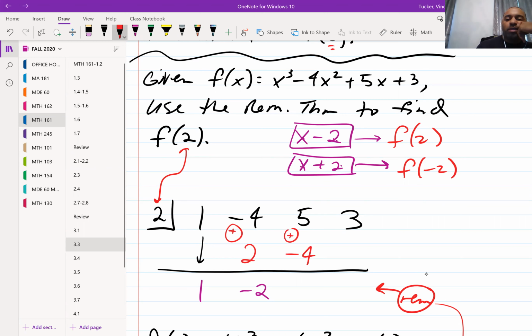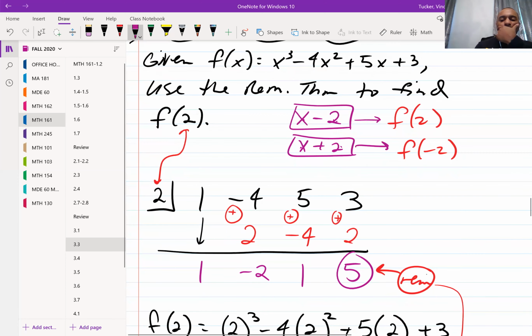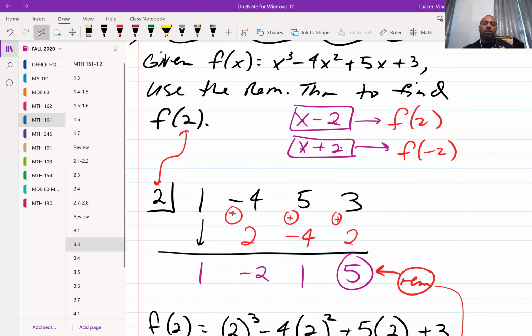Add those together. That's 1. 2 times 1 is 2. Add those together. You get 5. So your remainder is 5.